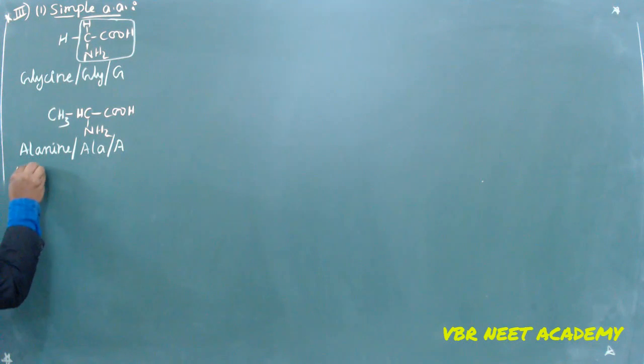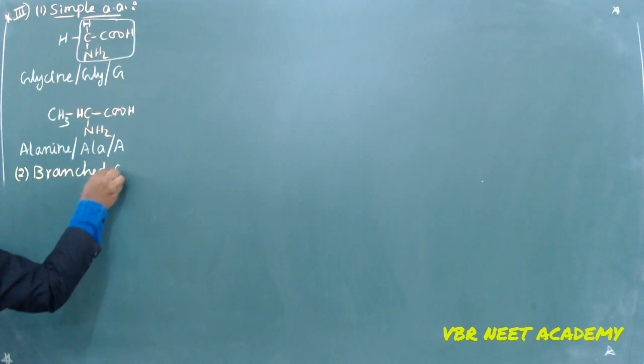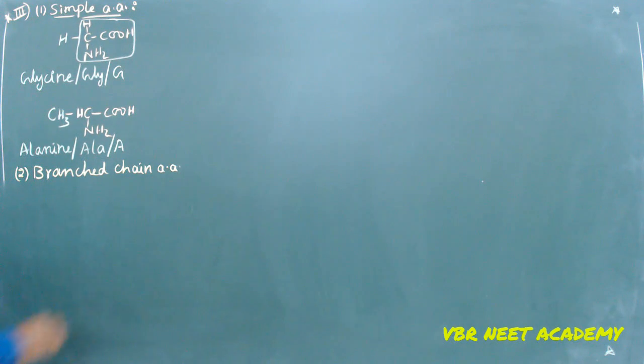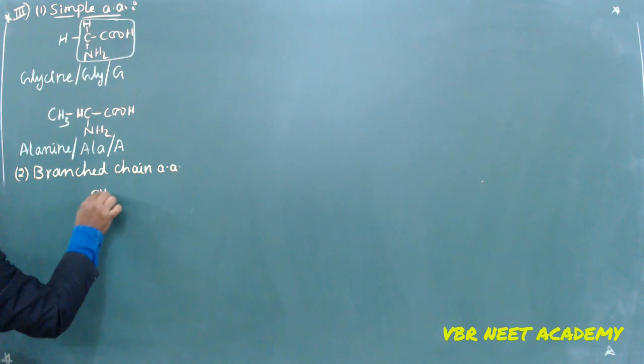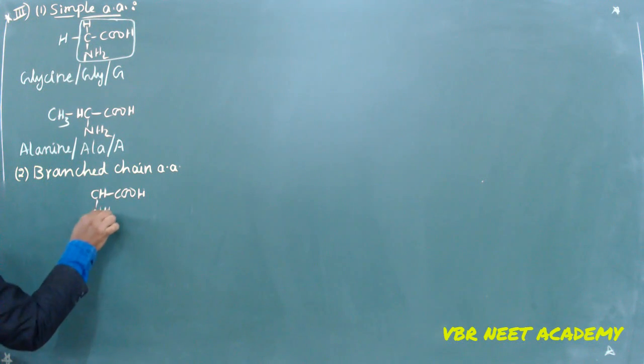Second one, branched chain amino acids. CH, COOH, NH2 is common.